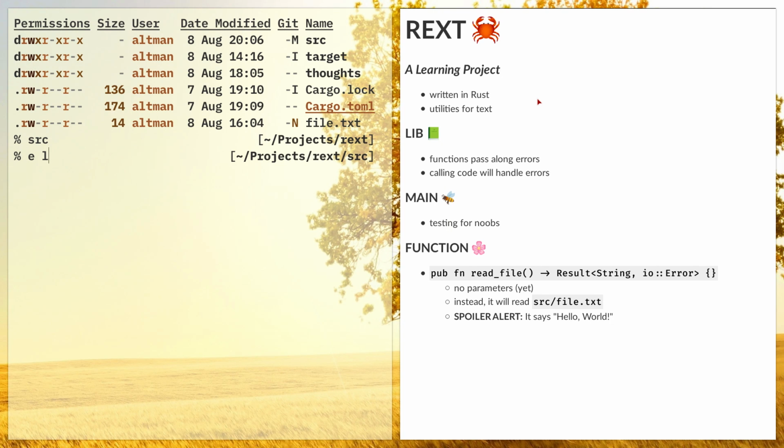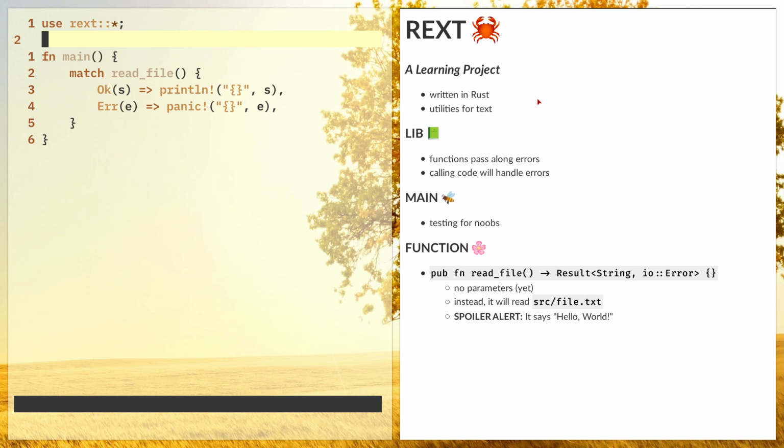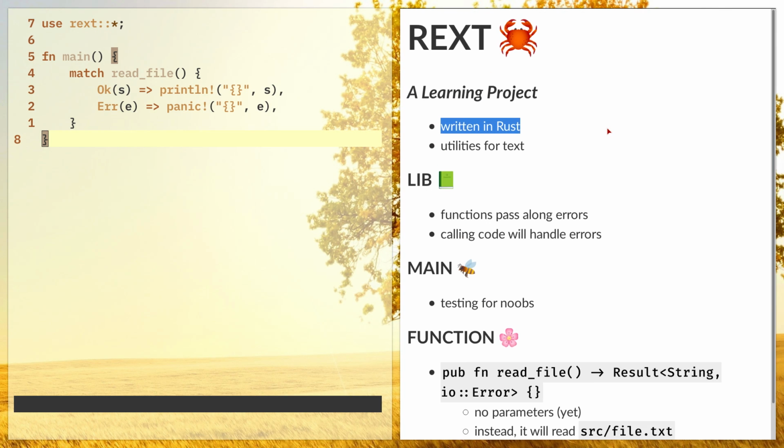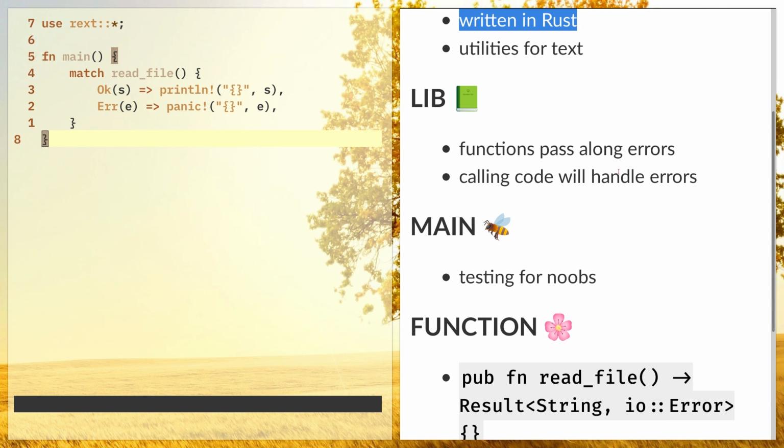Well, first let's look at main. Blam. So Rext is a learning project written in Rust, and it has utilities for text, and I'm conceiving of it as a library.